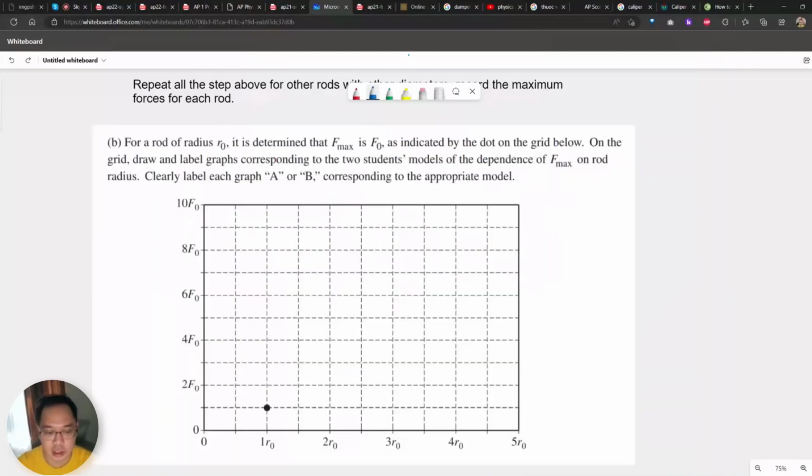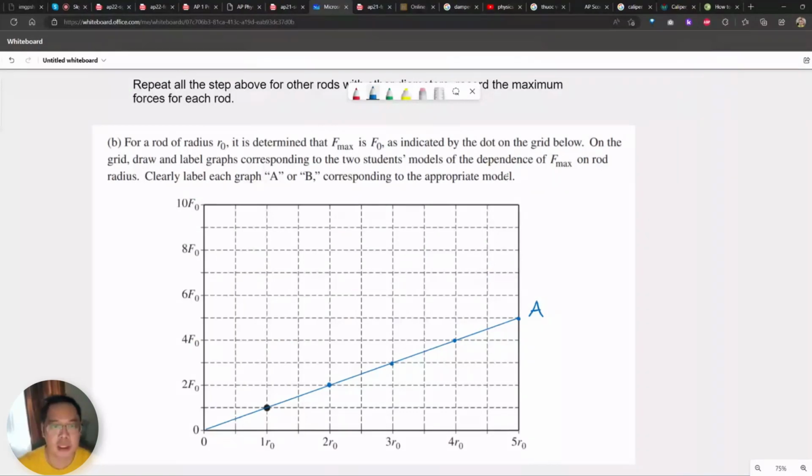I use the linear line to help see the data more clearly. So twice the radius, twice the force, 3 times the radius, 3 times the force, 4 times the radius, 4 times the force, and so on. This is for student A. Draw and label the graph. So it should be a straight line like this.